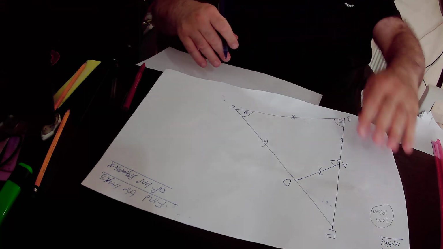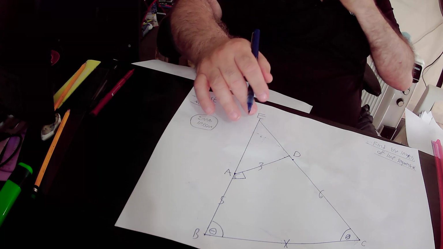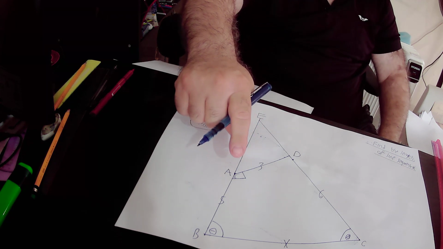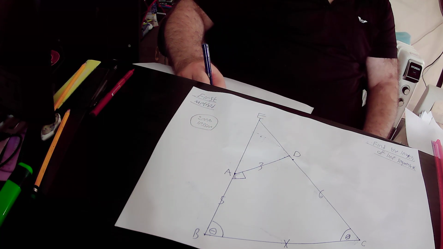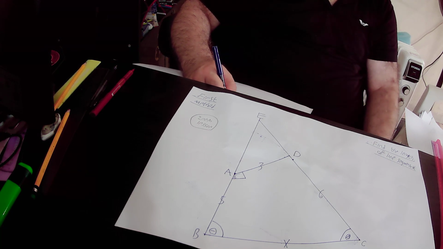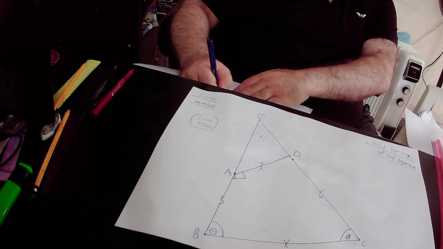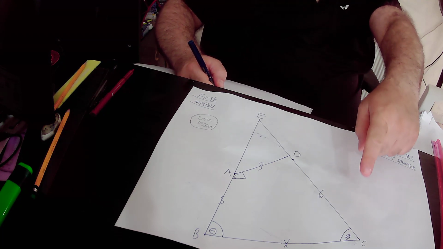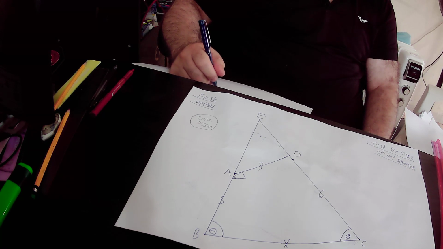In triangle EBC, angle EBC is equal to angle ECB, and both angles are equal to theta.